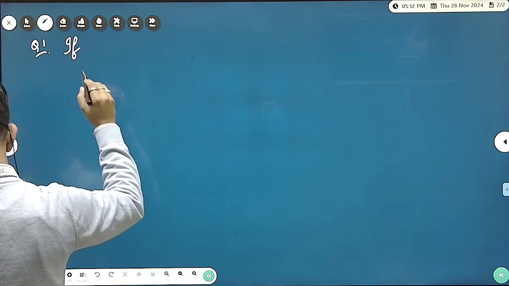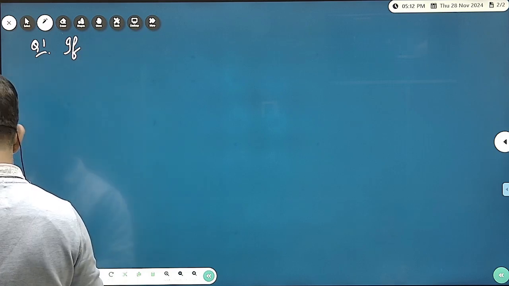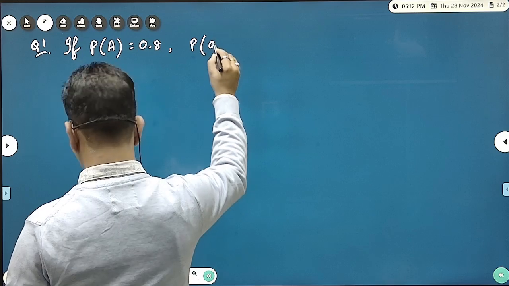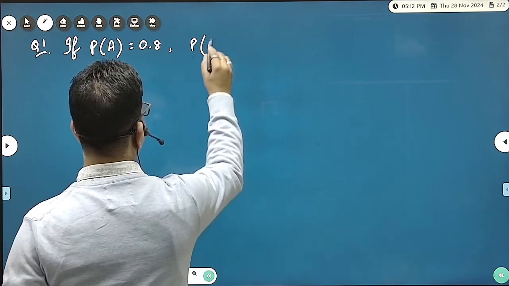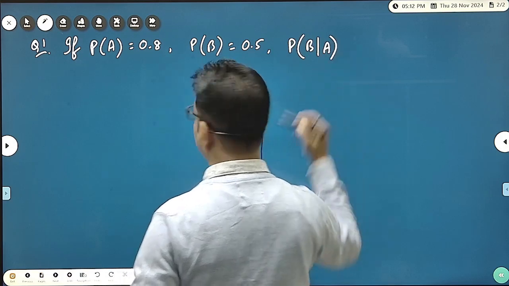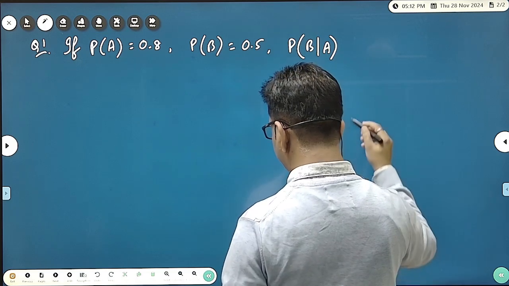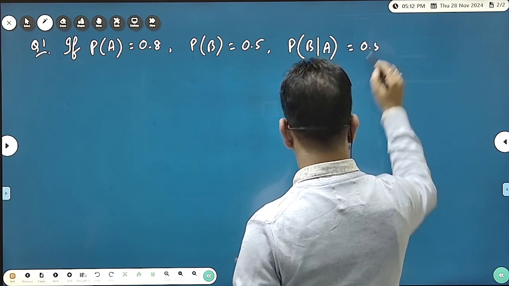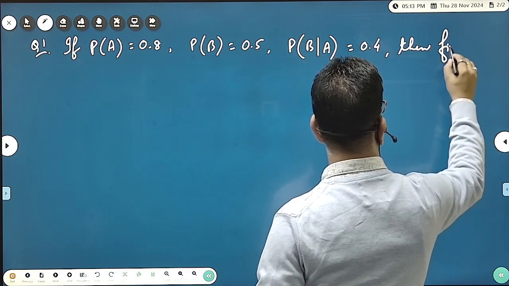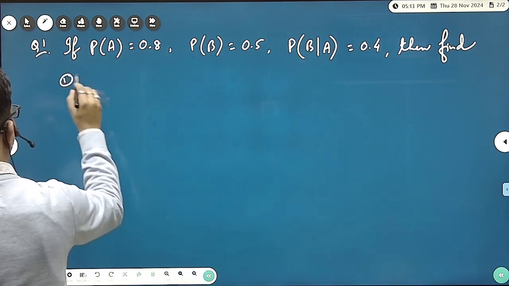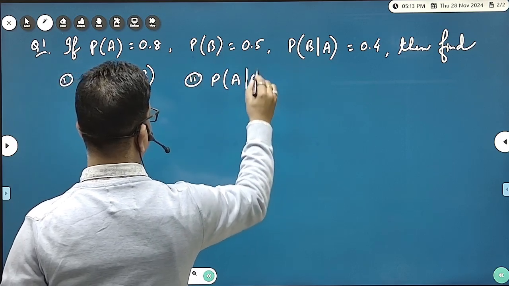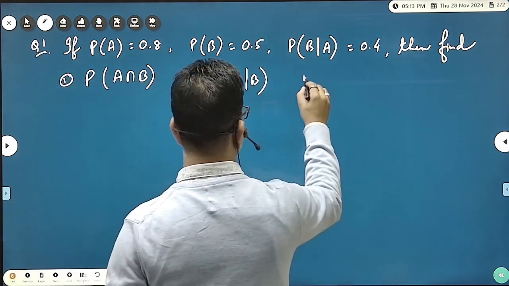If P of A is, suppose, 0.8, P of B is, suppose, 0.5, and P of B conditional on A, where B is the event but based on the condition A, is, suppose, 0.4, then find: number 1, P of A intersection B; number 2, P of A conditional on B; number 3, P of A union B.